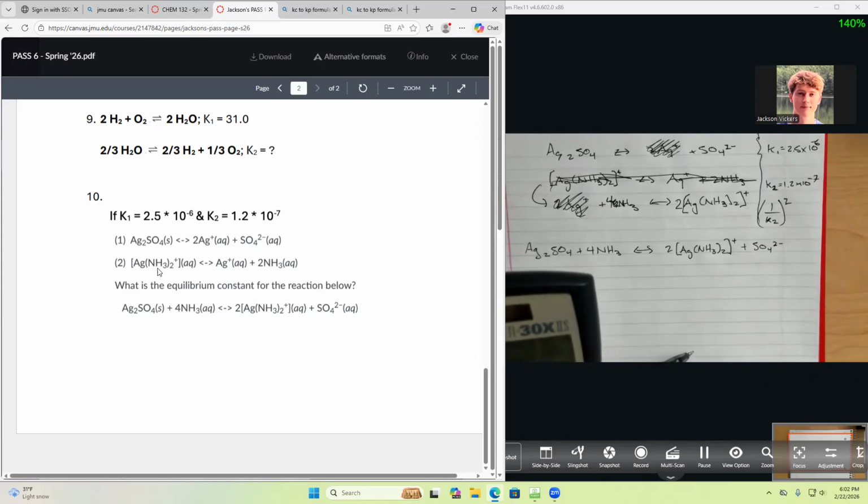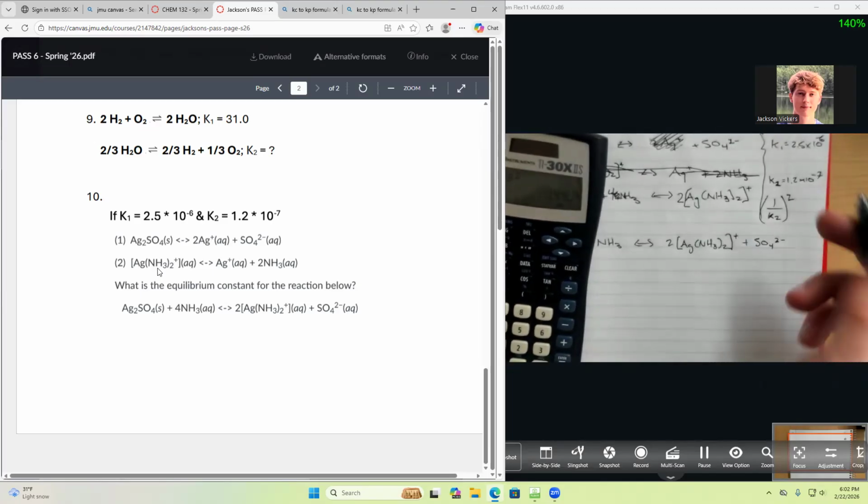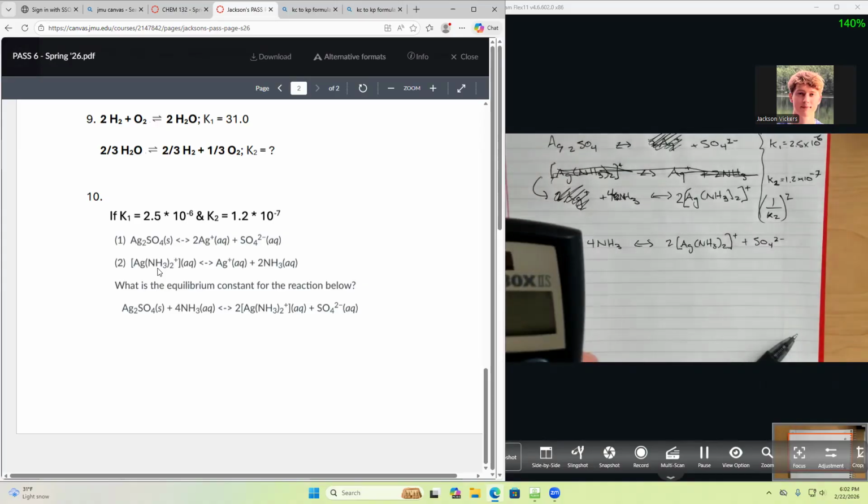1 over, let's see what K2 squared is first. That's probably going to be the simplest way to do it. So this number squared is 1.44 times 10 to the minus 14. I think it's easier to do that first and then do 1 divided by that.